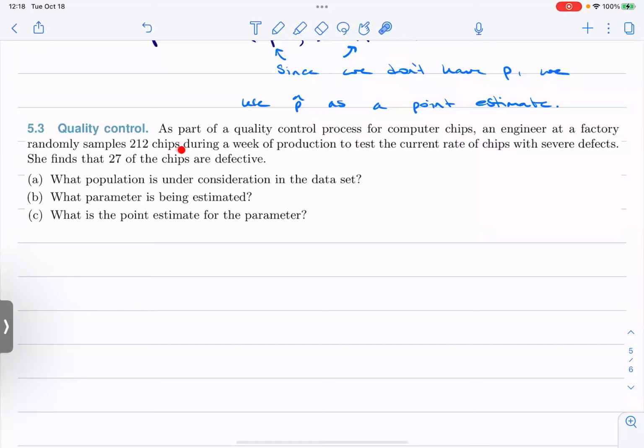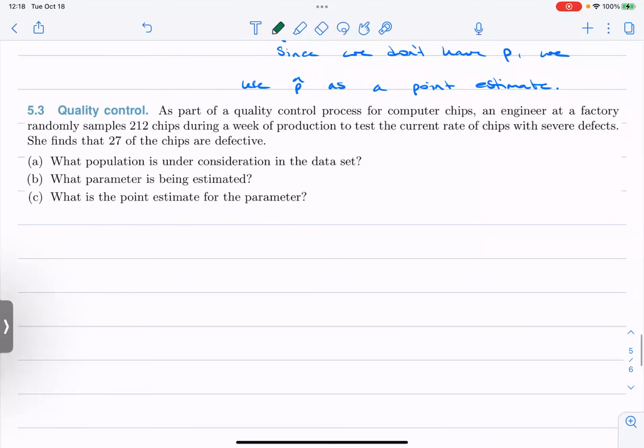It's the chips during a week of production, because the population is the thing that we can generalize to later. So the 212 chips come from the chips from this week of production, and it's important that we only generalize to that week. Because maybe four weeks ago, the machines were running fine, and maybe this week they're running fine, and then next week they're not.